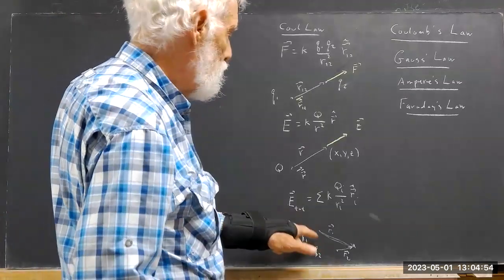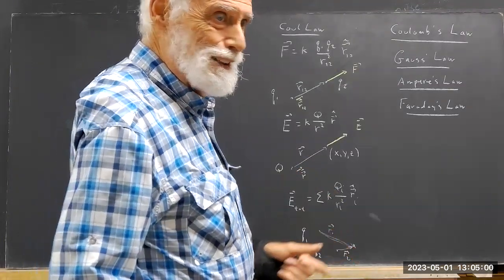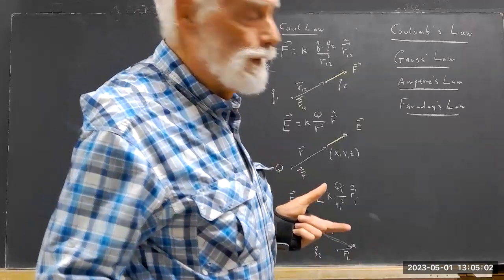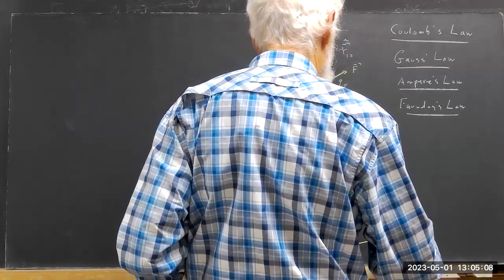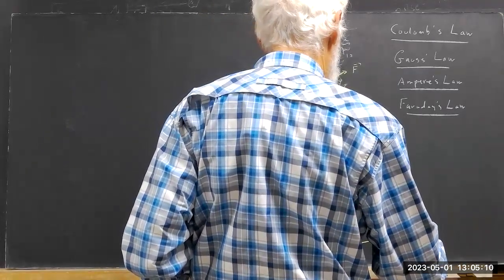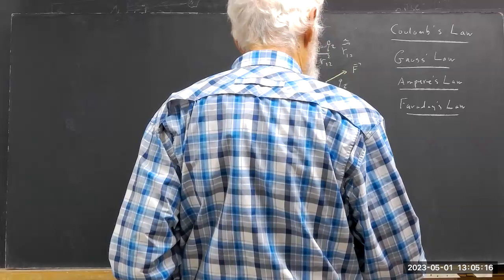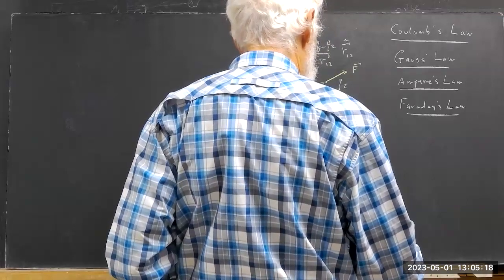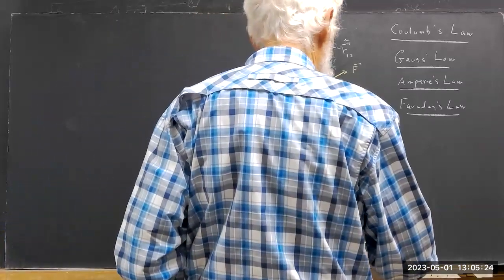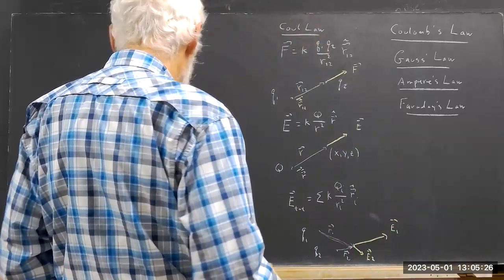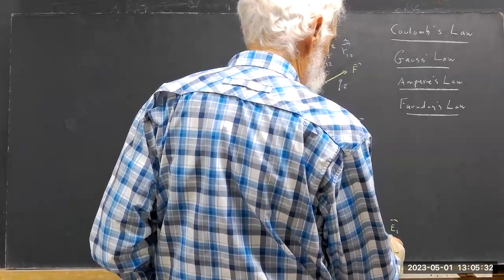Then depending on which of these is bigger, a combination of bigger and closer makes the field vector bigger or smaller. Here's our E1, here's our E2, and our E is just going to be what we get from the parallelogram, or from adding the vectors head to tail.